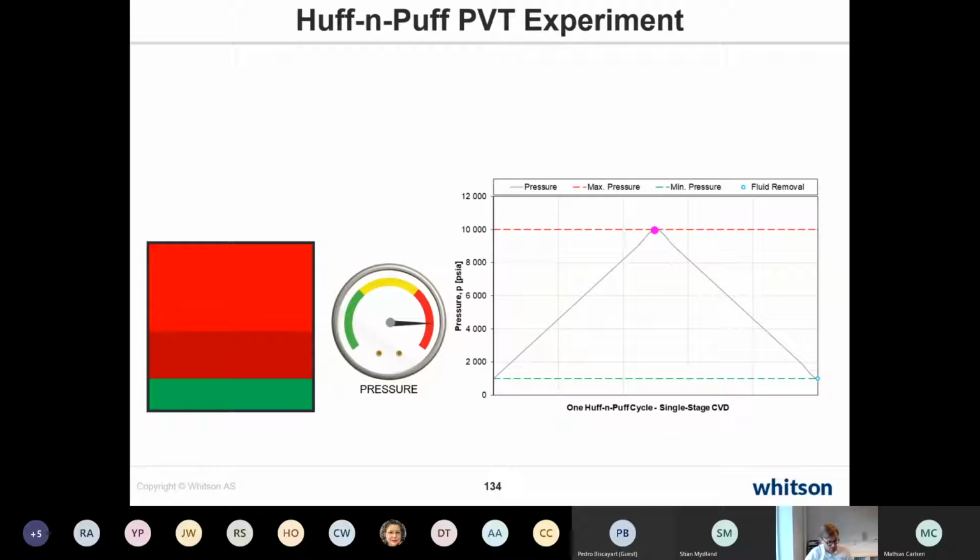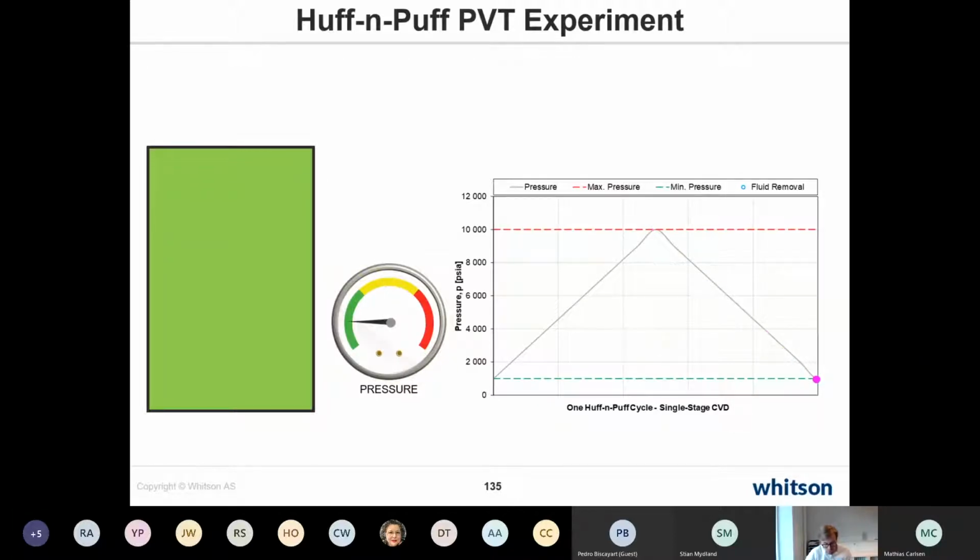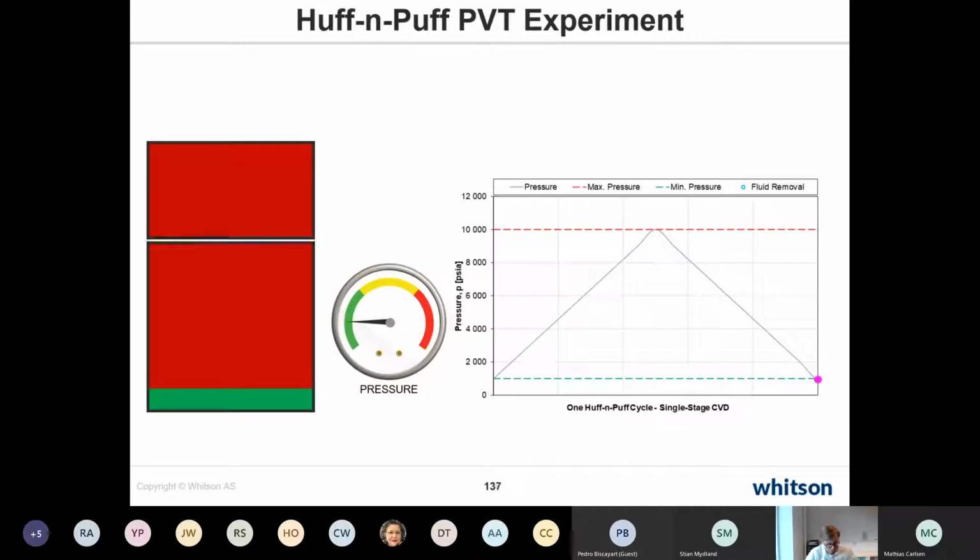increased the pressure by introducing an injection gas composition that's relevant for your field, and we increased the pressure until a maximum pressure, typically determined by local fracture gradients, before we reduce the pressure again, and essentially to ensure that we have constant volume, we remove a certain percentage of mass from that PVT cell.